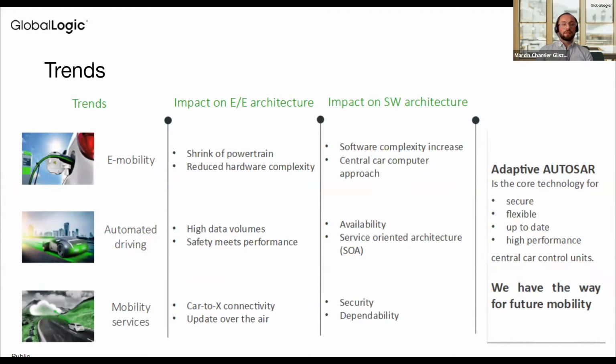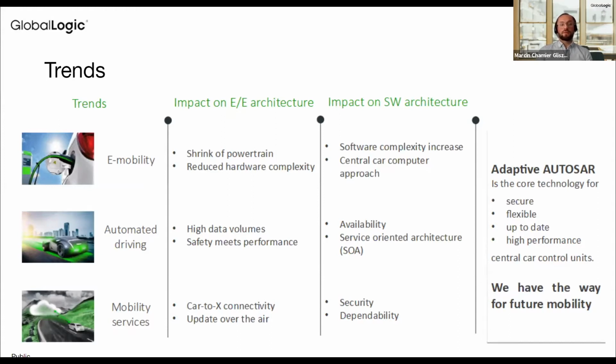Then we have the automated driving systems, which require high data volume and have a high pressure for safety. This also introduces much new software to be produced, algorithms and services, or software based on service-oriented architecture.